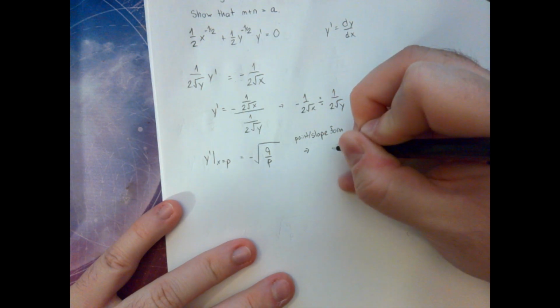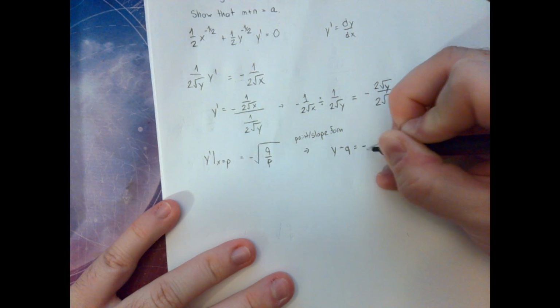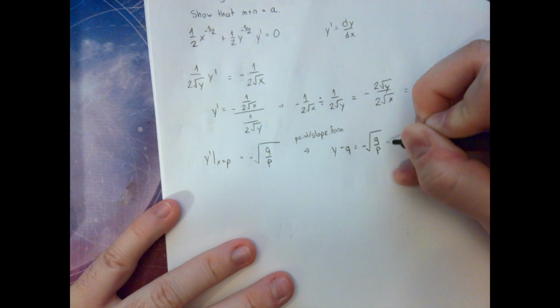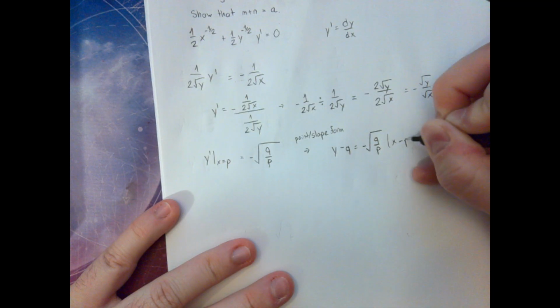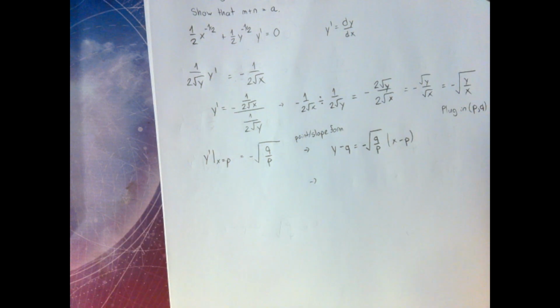Okay, so I get y minus q is equal to negative the square root of q over p times x minus p. And I want to algebraically manipulate this into slope-intercept form because it's going to be useful for the step that comes after.